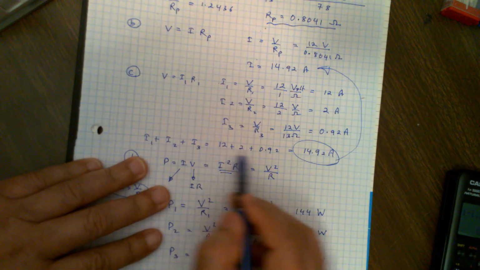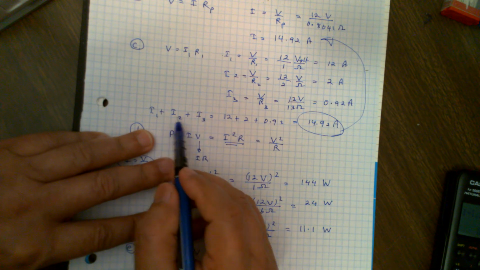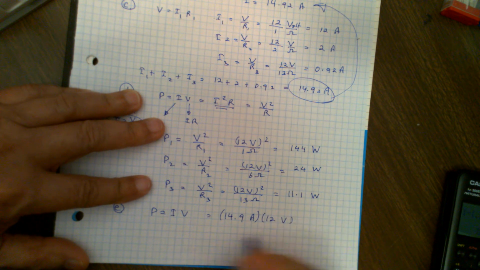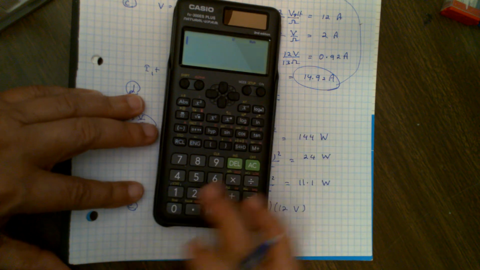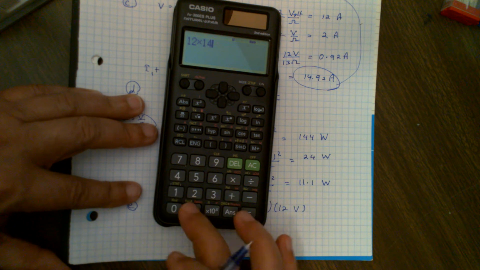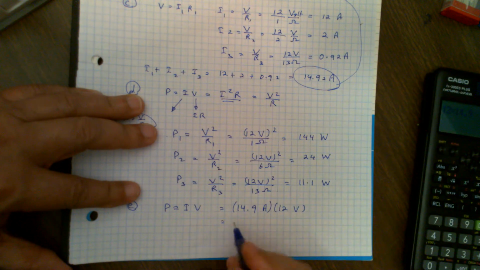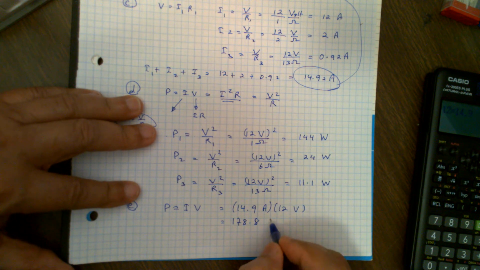That is from part B, or I add up I1, I2, I3, I get the total current. V is 12 volts. So 12 times 14.9, let's see, we get 178.8. Okay, or 179, right, watts.